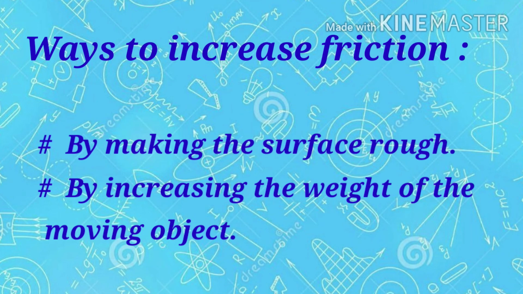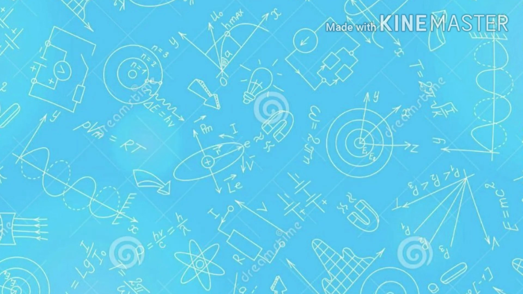If the object which is moving on the surface is made heavy, the friction can be increased. So these are the two ways by which we can increase friction. First one, by making the surface rough. Second, by increasing the weight of the moving object.